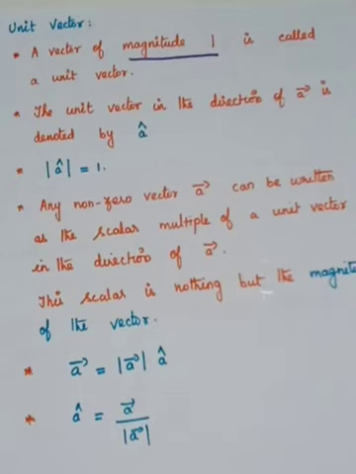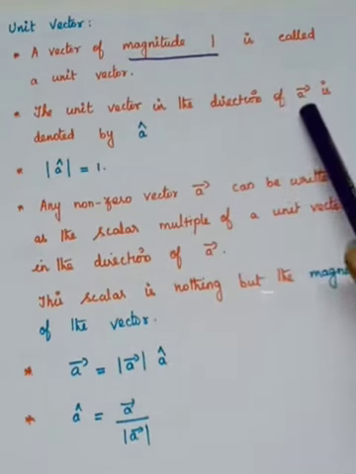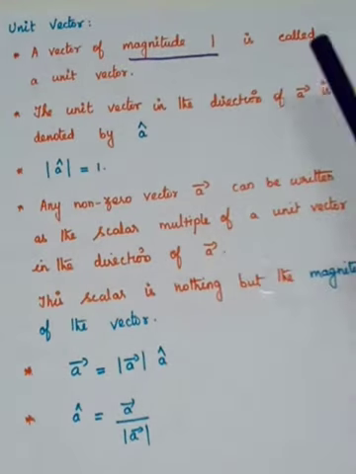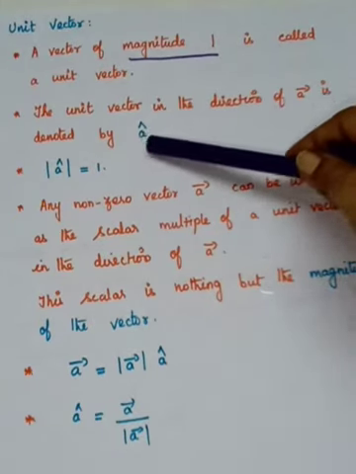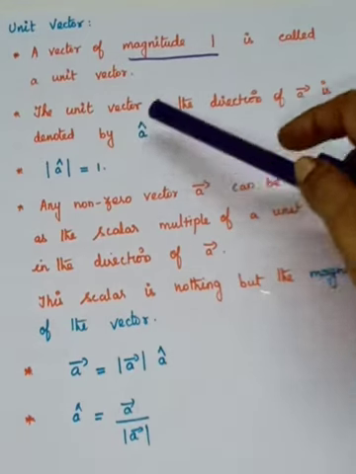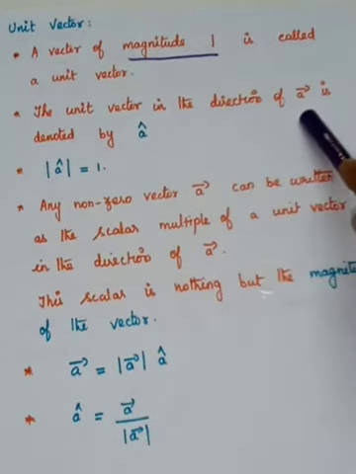The unit vector in the direction of vector A is denoted by A cap. So vector A is any vector, and the unit vector in its direction is denoted by A cap. So A cap is a unit vector acting in the direction of vector A.